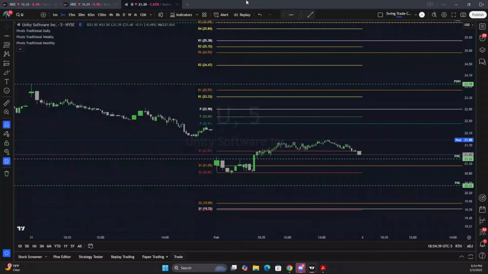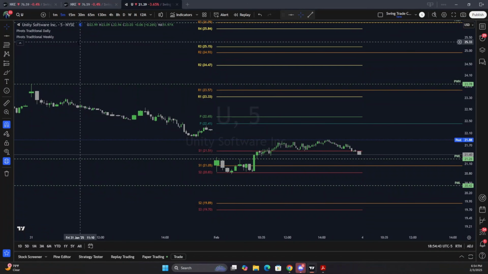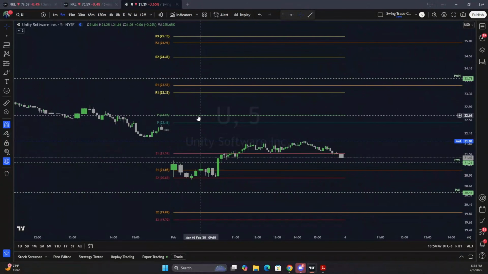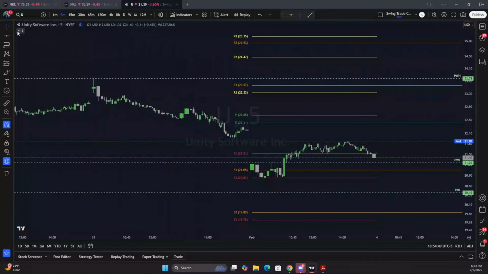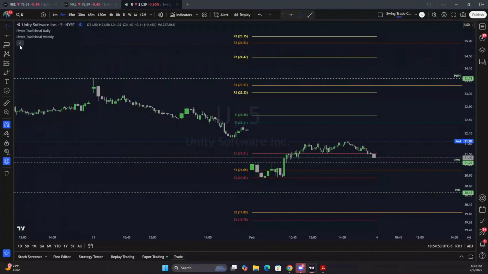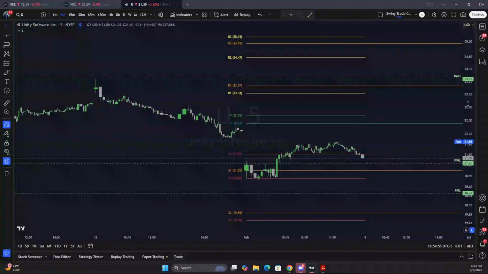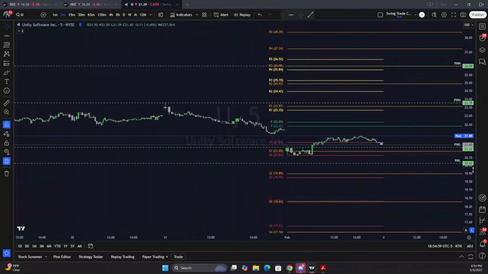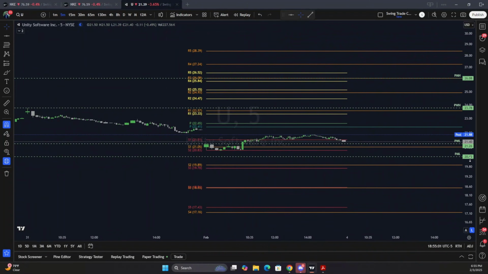So now that I've explained what these pivot points are and how to draw them, let me explain to you what a key pivot structure for directional sentiment is. Let me just leave this on. So think of this area right here as the midpoint of support and resistance levels, right?